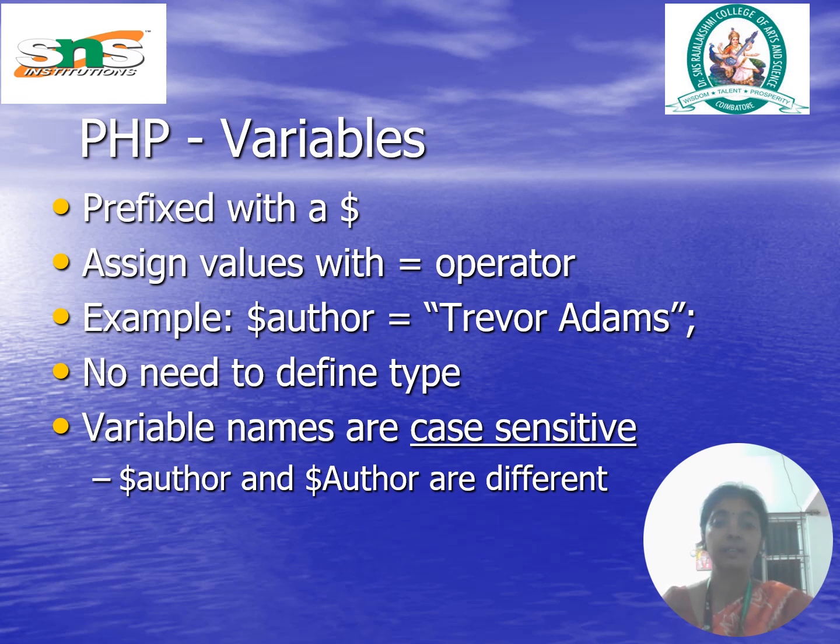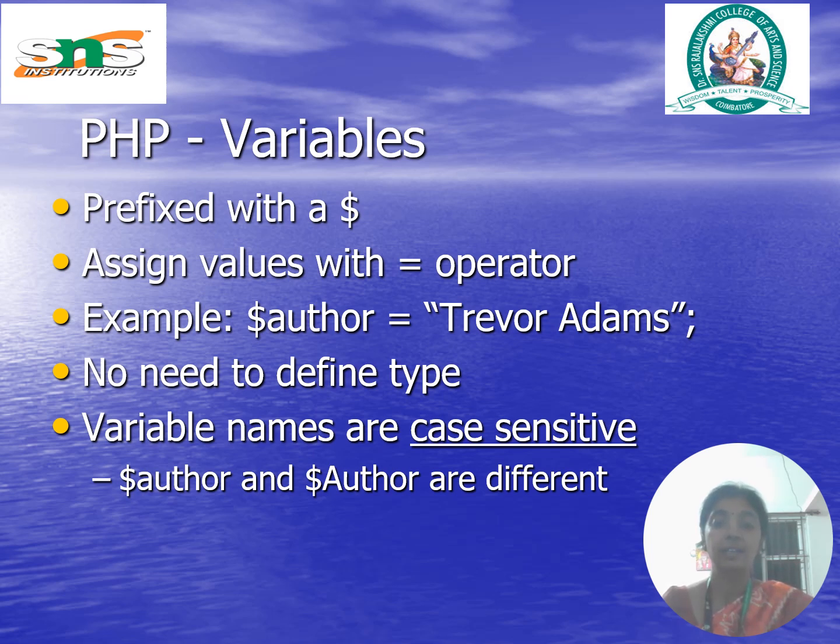For example, $a is a variable, prefixed with a $ sign. You can assign a value of 10. Here, you don't need to define the type, whether it is character or integer or float or whatever it is.